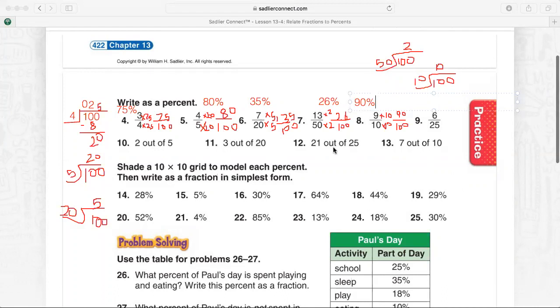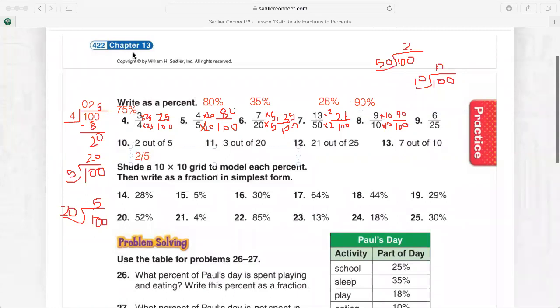Okay, girls. Here I have to write a percent. 2 out of 5 is like 2 over 5. And I'm going to repeat the same steps again. I'm going to multiply 5 by 20 and 2 by 20. Okay, girls?